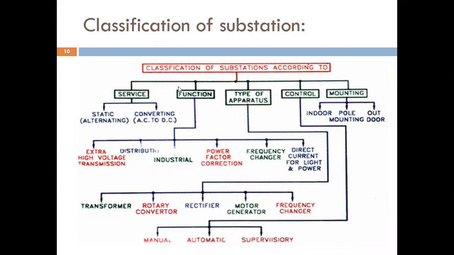In a university exam, it is a 4 marks question, as well as a 2 marks question. Suppose it says, according to the classification, write a short note on control substation. Then you define the three control systems: first manual, second automatic, and third supervisory. So this is mainly the classification of substation.